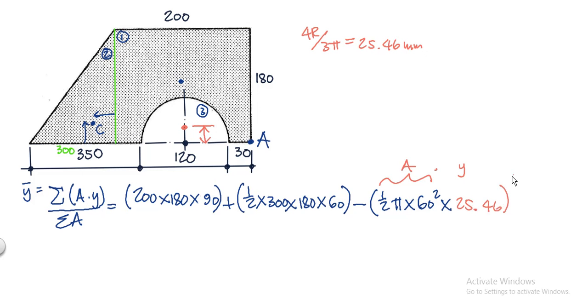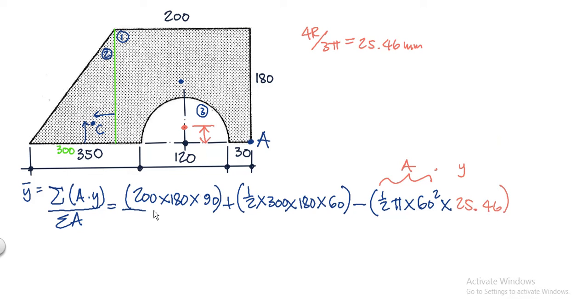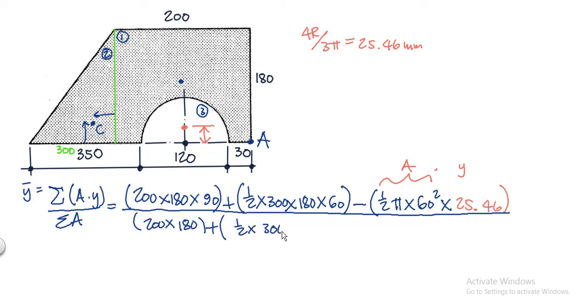Are there any more? There's no more. No, so now we can continue. So now, all of that divided by the total area. So it's 200 times 180 plus half base times height minus half pi times r squared.